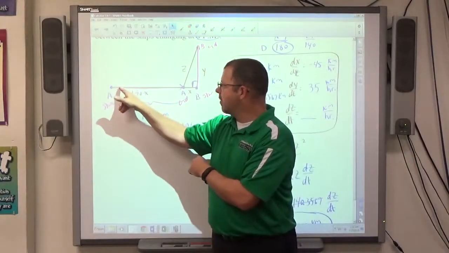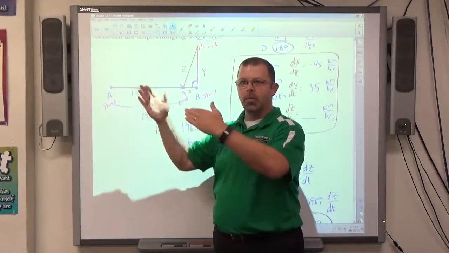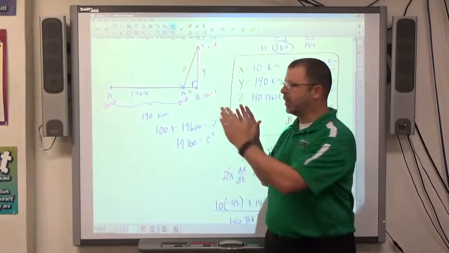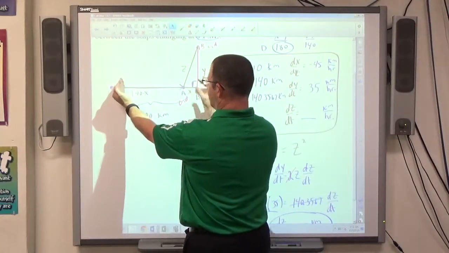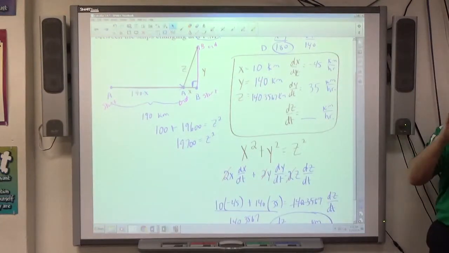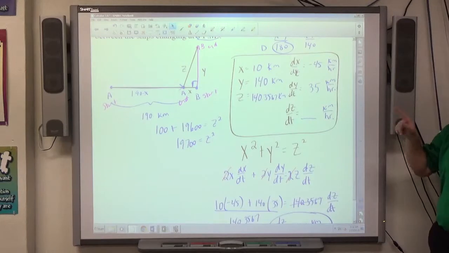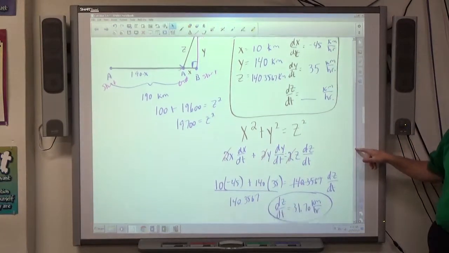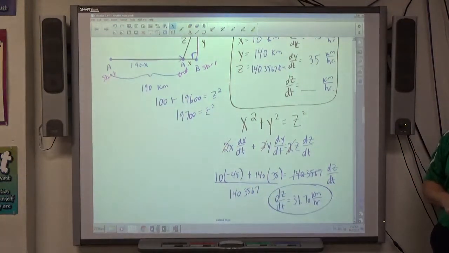If we were back here maybe after 1 hour, then it would probably be a lot less, because then the x would influence it more than the y. So as far as the speed between the two ships changing, y is much more influential than x at this point, so it's positive 31.70.